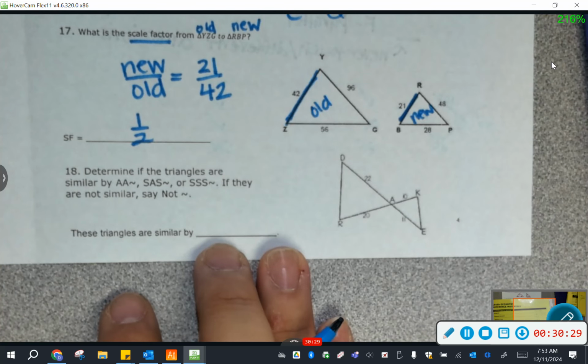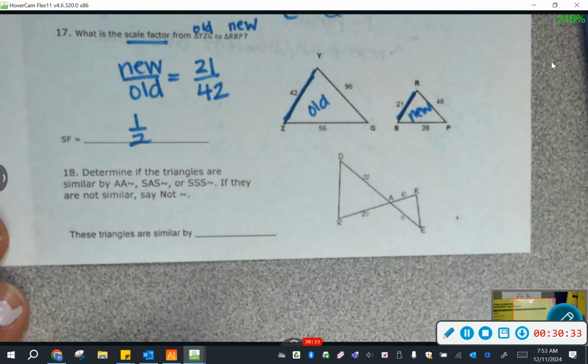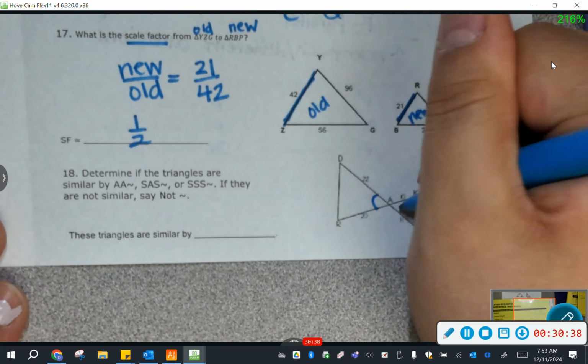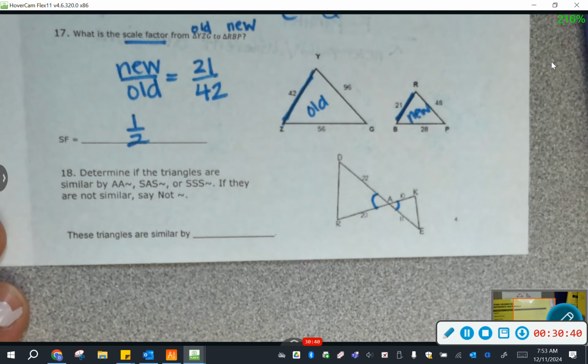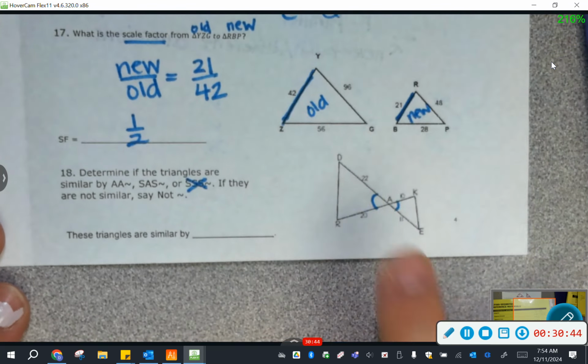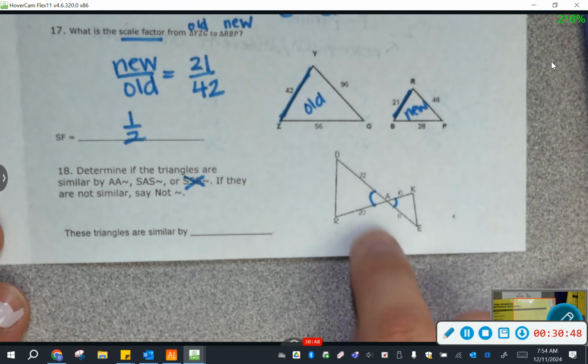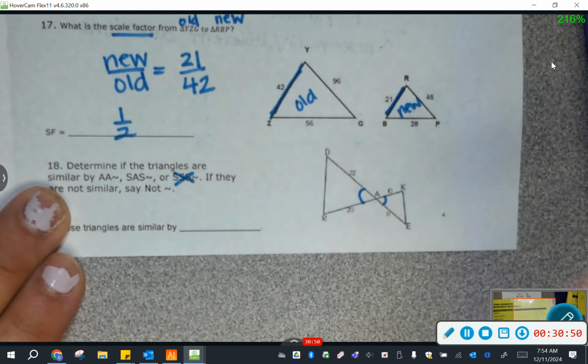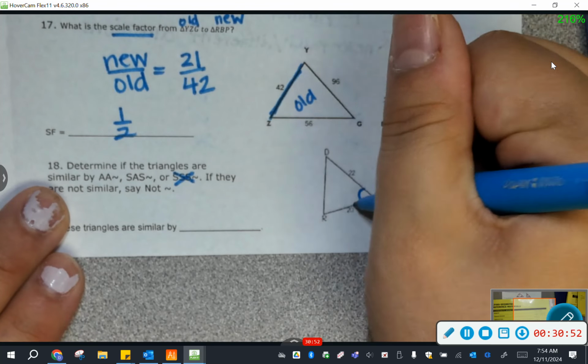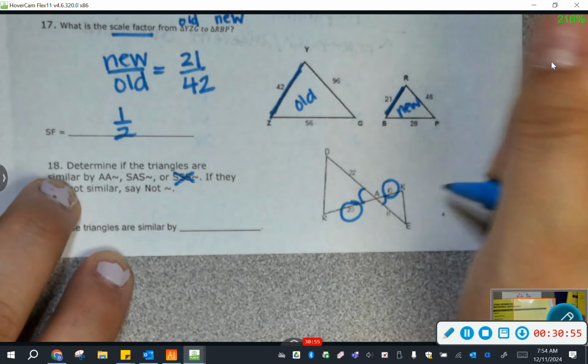Last but not least, are these triangles similar? What can I add? Vertical angle. Automatically, what do you know it's not going to be? It's going to be SSS. And then I divide these. The smaller number is divided by the smaller number.